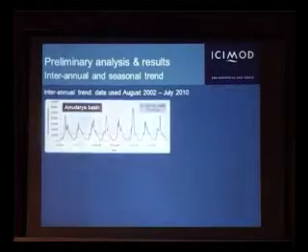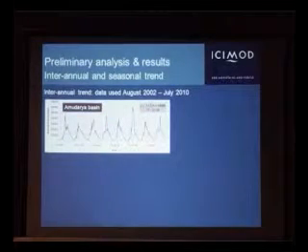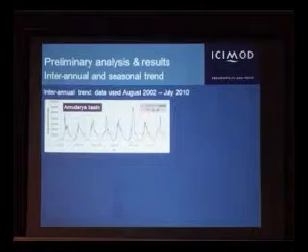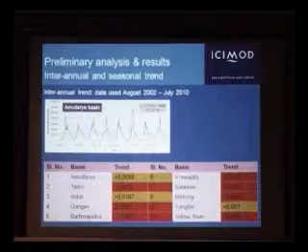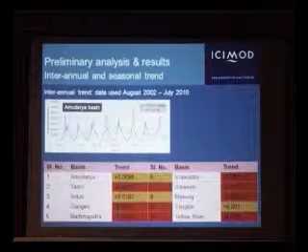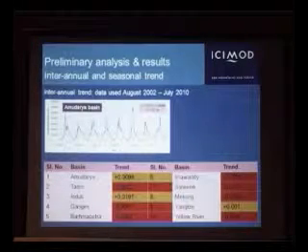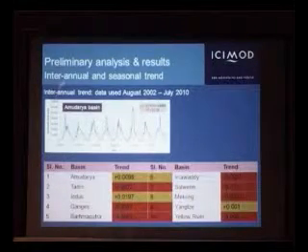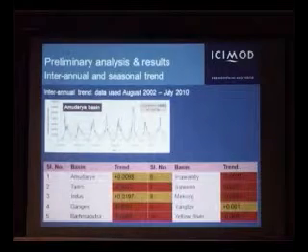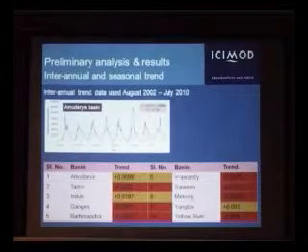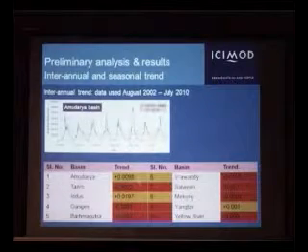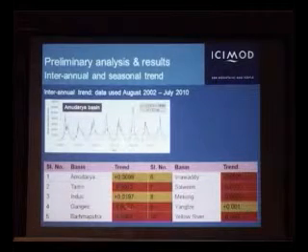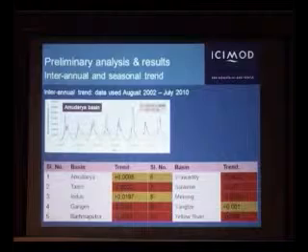The preliminary analysis is not very conclusive as of now. There is still lots of work to do, but I just want to run through a few of these. I plotted time versus the total area of snow and tried to see how the average linear line goes. There is a certain degree of variation. There are positive trends in a few basins, negative trends in a few basins.